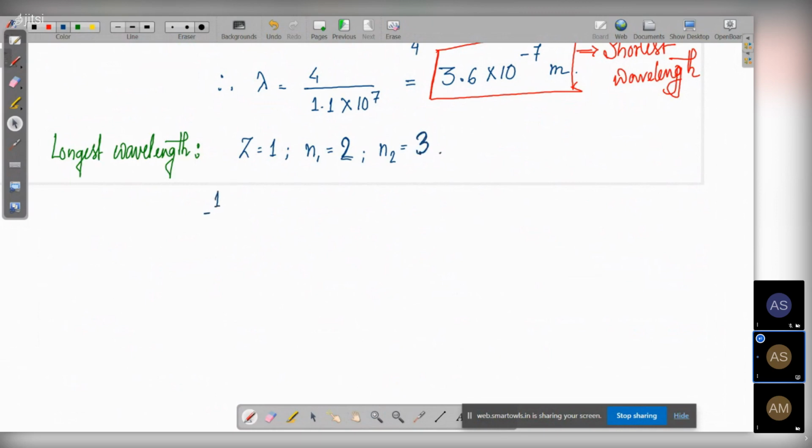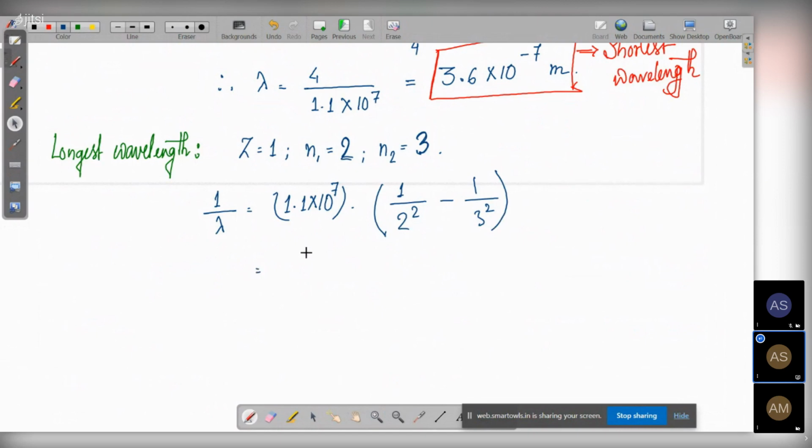So 1 by lambda equal to 1 by 2² minus 1 by 3².